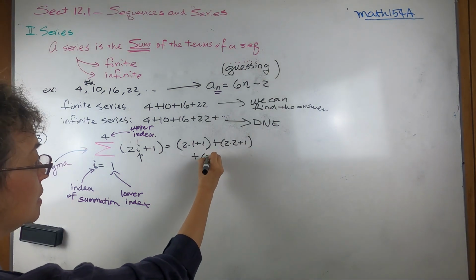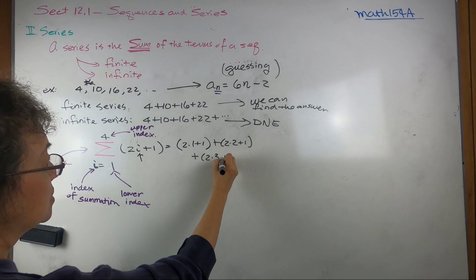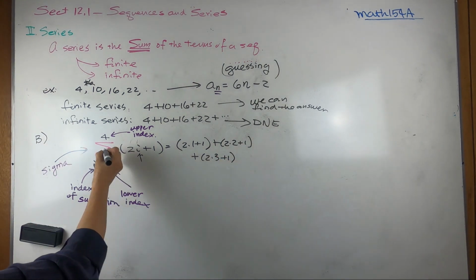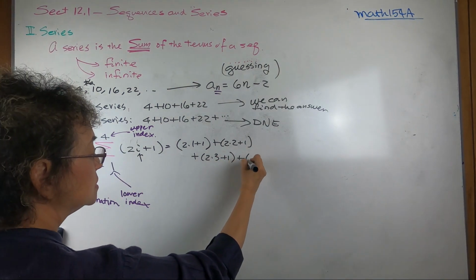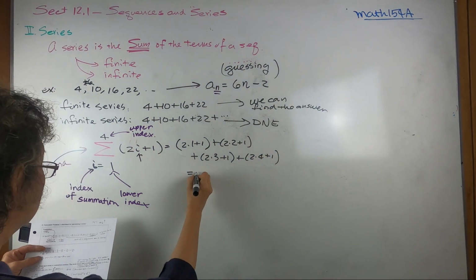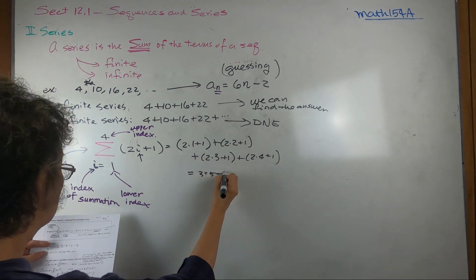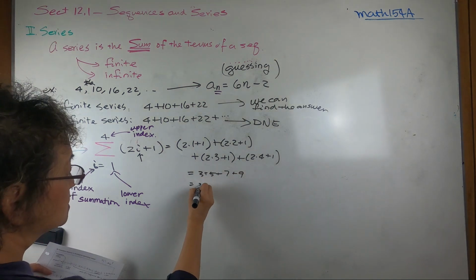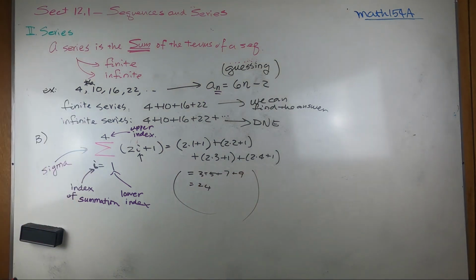Third term will be 2 times 3 plus 1. Fourth term, up to 4, plus 2 times 4 plus 1. Then the actual value is 3 plus 5 plus 7 plus 9. Actually, it's 24. It means this number, okay?